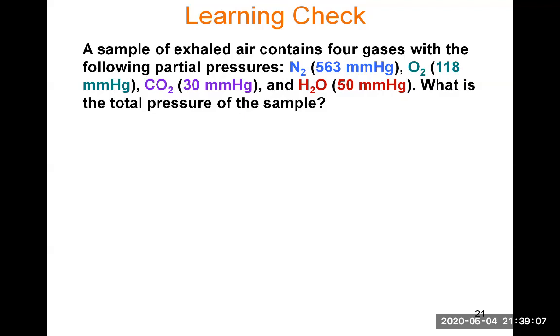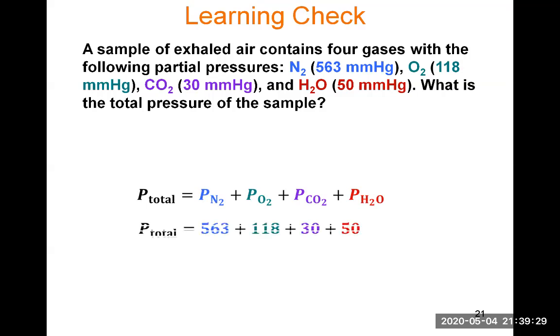So if we use Dalton's law and the law of partial pressure, we know that the total pressure is equal to the partial pressure of nitrogen plus the partial pressure of oxygen plus the partial pressure of CO2 plus the partial pressure of water. Then you just plug in the values for the different partial pressures.